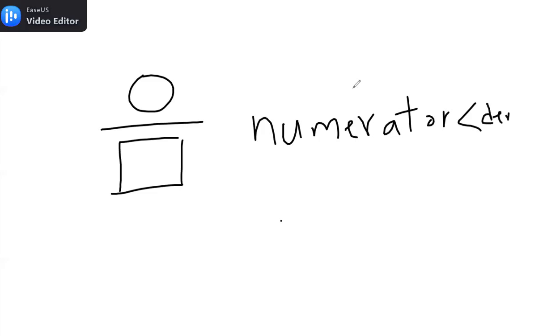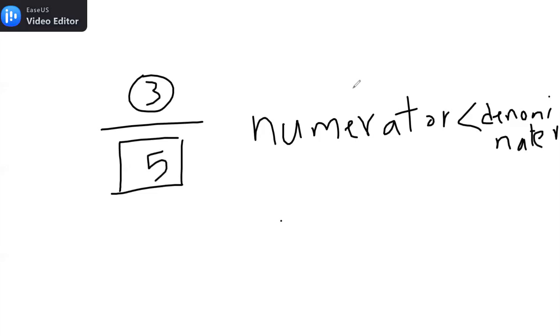Yes, the numerator less than the denominator.